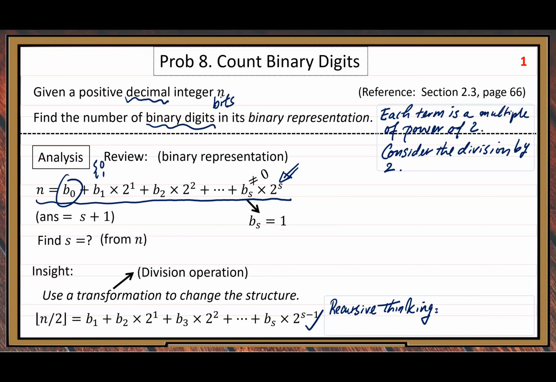Here is the original problem. Then after transformation, we get a problem different from the original problem, but closely related. And we treat it as a subproblem, because the problem size is smaller, approximately 1/2 of the original size.